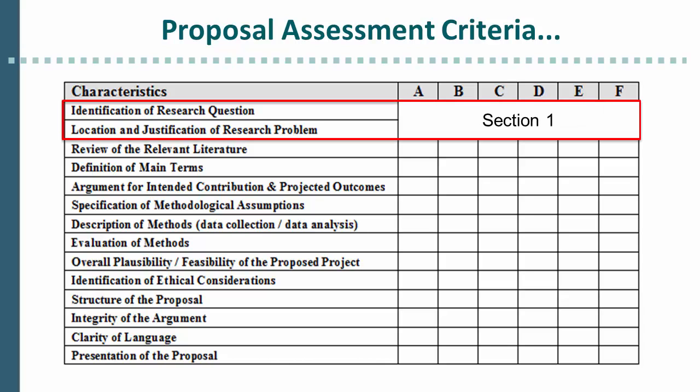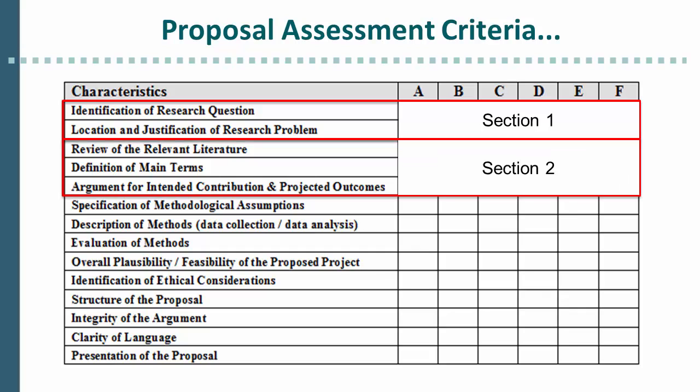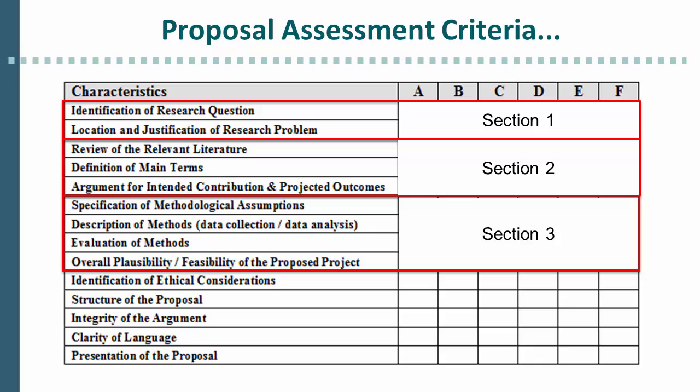As you can see, the first two correspond to section 1 of your research proposal and later on of your dissertation. Section 2 corresponds to literature review areas of your proposal and later dissertation, and specification of methodological assumption, description of methods, evaluation of methods, and overall feasibility of the project in section 3 of your proposal.